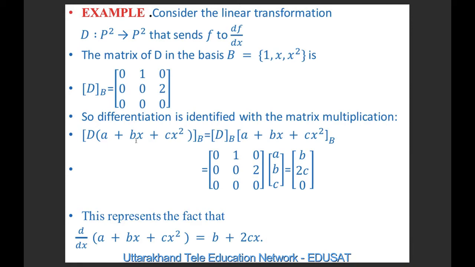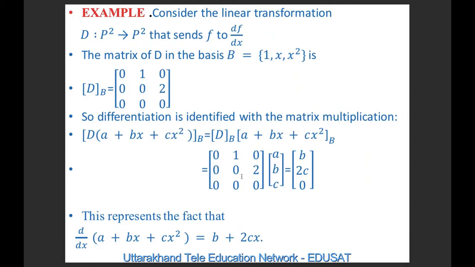[D(a plus bx plus cx square)]b is equal to Db into the column matrix a, b, c. So 0, 1, 0; 0, 0, 2; 0, 0, 0 times the column matrix a, b, c. If you multiply these, 0 into a, 1 into b, 0 into c, so we are left with b.